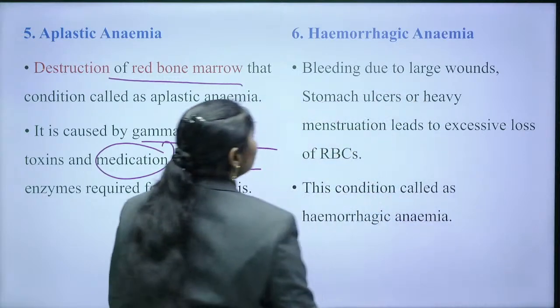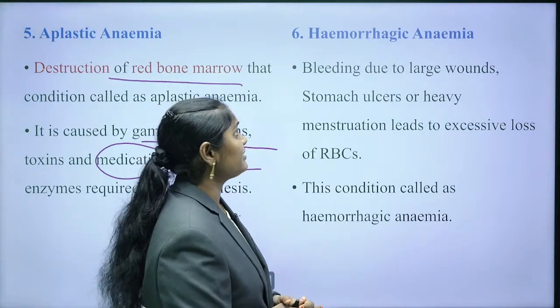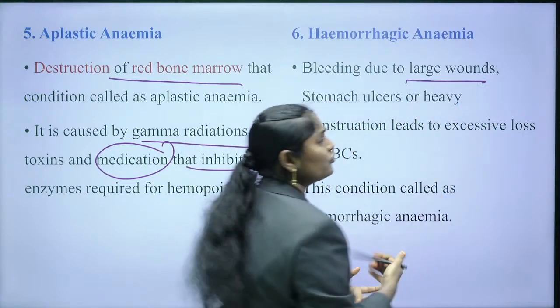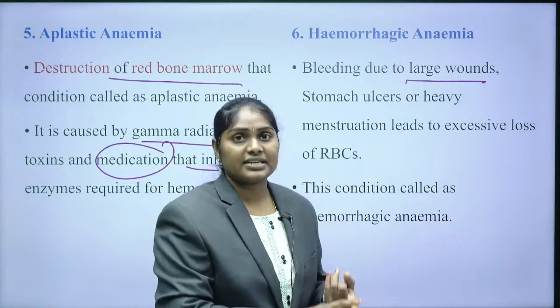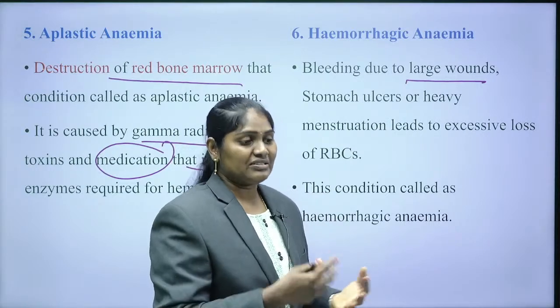So what is hemorrhage anemia? Hemorrhage anemia is nothing but you will have bleeding. That may be due to wounds, accidents, or surgeries if bleeding is not controlled properly, or menstruation.